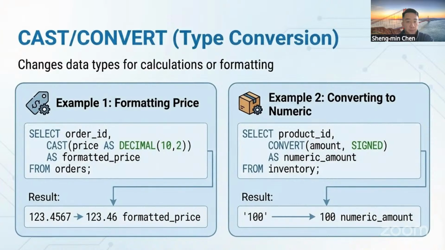So use cast for that to make sure that going forward, it's only two decimals. You use convert when, as you can see here, 100 with a single quote means it used to be stored as text, right? So like a varchar or a character data type, and you want to convert that so that going forward, when you're doing evaluation, it will be numeric. So you use convert. And then over here, it says amount signed, so as numeric amount.